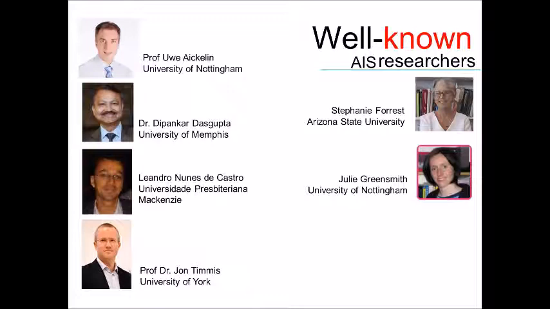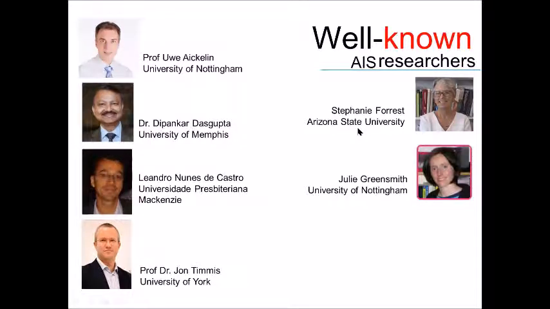They are working hard to form the theories of artificial immune system. You can see here Dasgupta, and also Leandro de Castro, who proposed the clonal selection algorithm. Jon Timmis also, and then Stephanie Forrest, Arizona State University. She is the one who proposed the first algorithm in artificial immune system, called the negative selection algorithm.